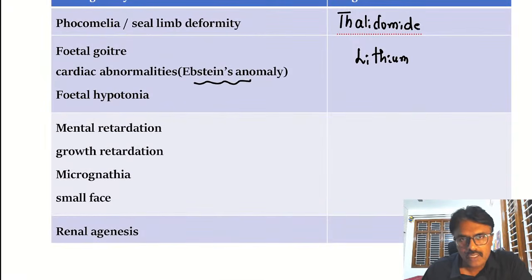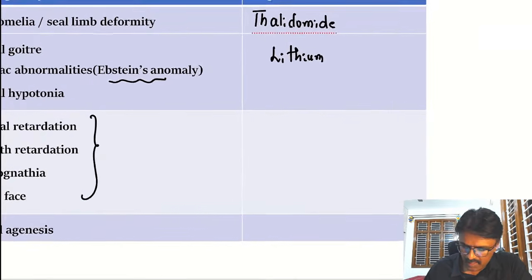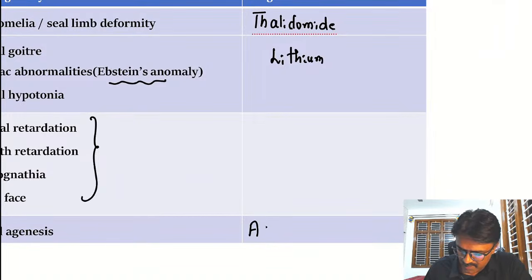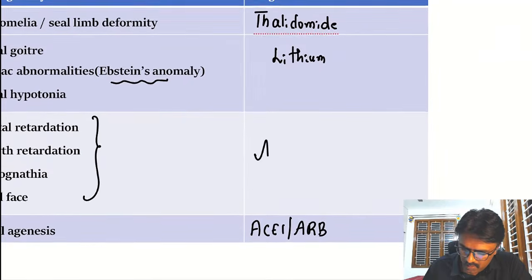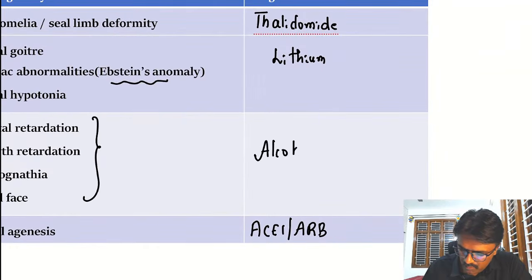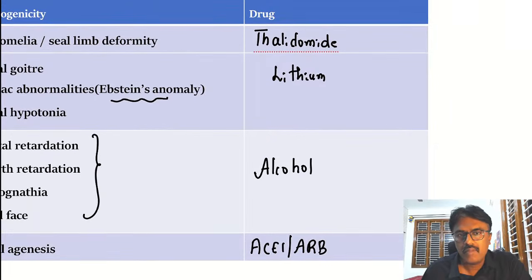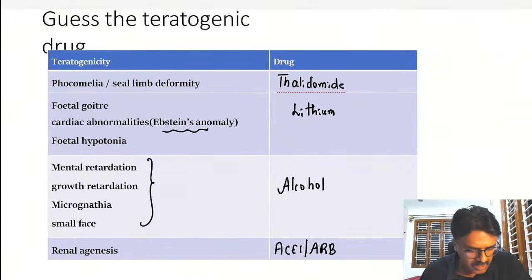Small face, micrognathia, renal agenesis is caused by ACE inhibitors or ARBs. Mental and growth retardation both are given: always go for alcohol, so fetal alcohol syndrome.